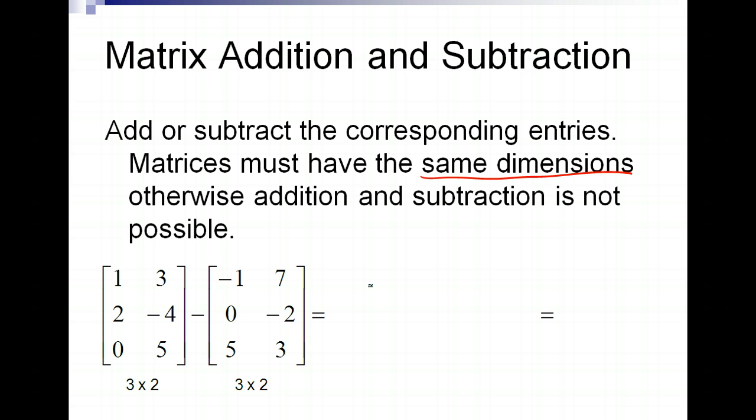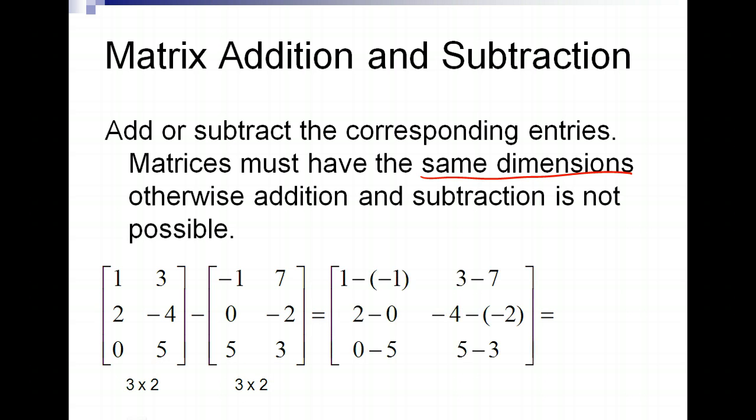The dimensions of my answer will be the same as my first two matrices. My answer is going to look like this. 3 minus 7 goes here. 2 minus 0 goes here. Negative 4 minus negative 2 is right here. 0 minus 5 is right here. 5 minus 3 is right here.